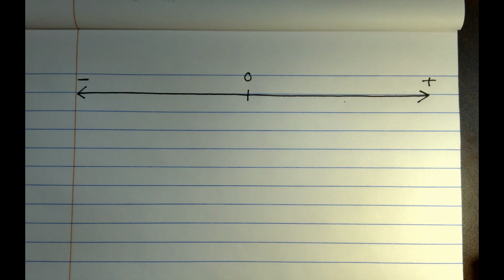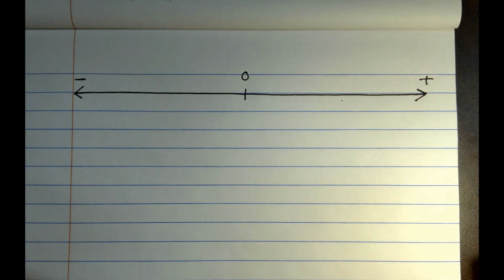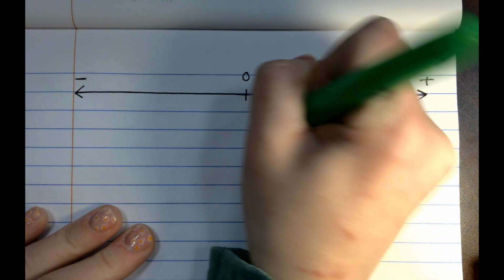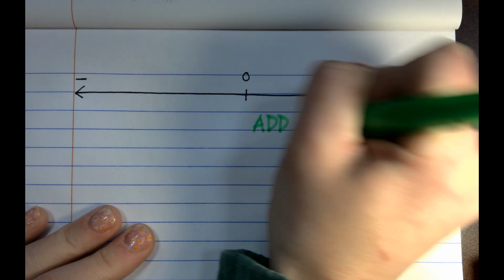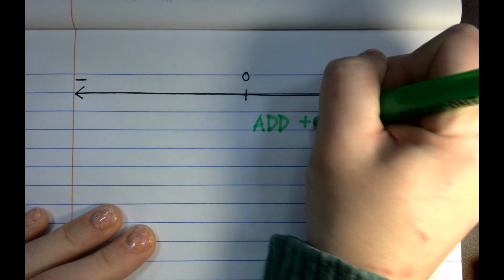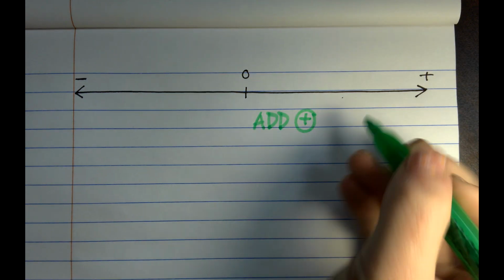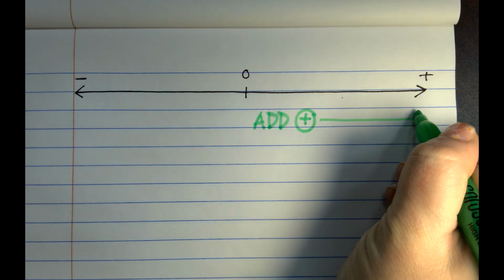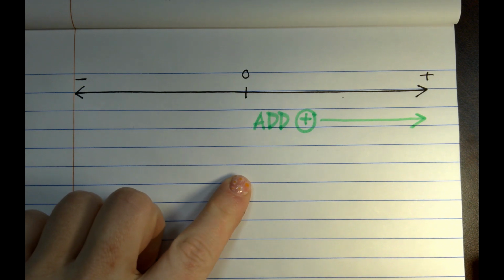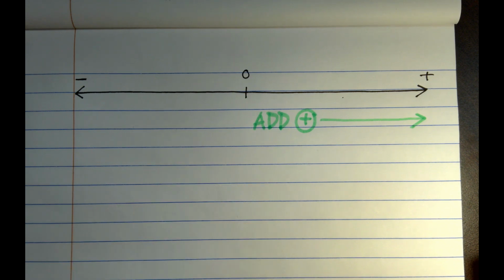So whenever we add a positive number, let's write that. Add a positive number, we move to the right. So that's adding a positive number.